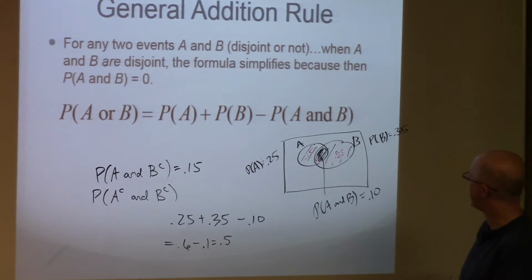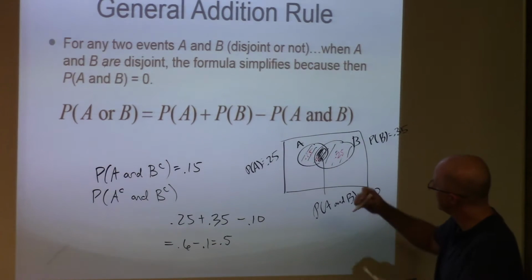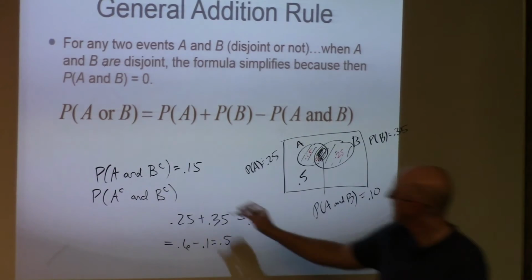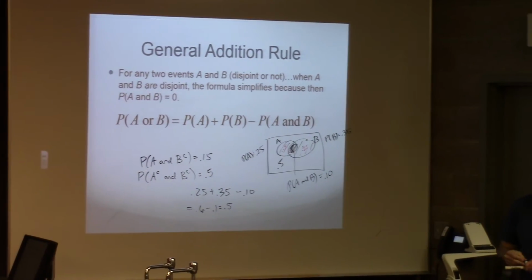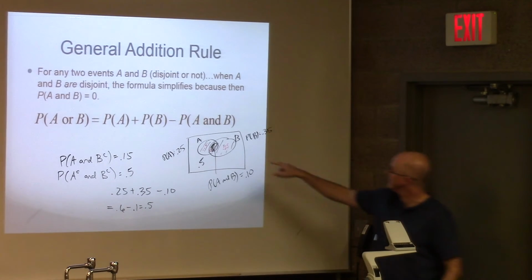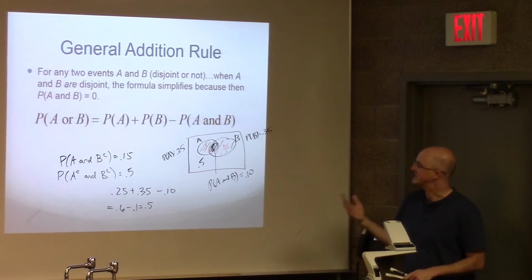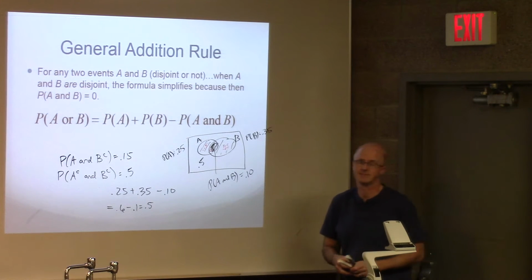These three numbers add up to 0.5, so the area outside of them has got to be 0.5 as well. 1 minus 0.5 is 0.5. So all those four areas have to add up to 1. They are disjoint. There's no overlap between the regions that I've labeled with probabilities. Okay? It's a nice problem-solving tool. On today's quiz, as I said yesterday, you're going to want to use a Venn diagram to help you solve one of the problems. Okay?